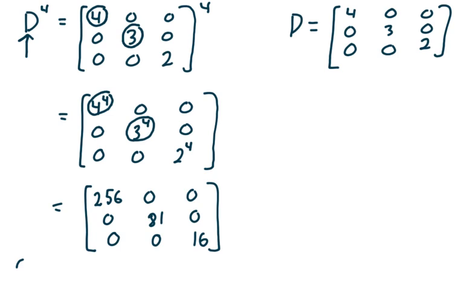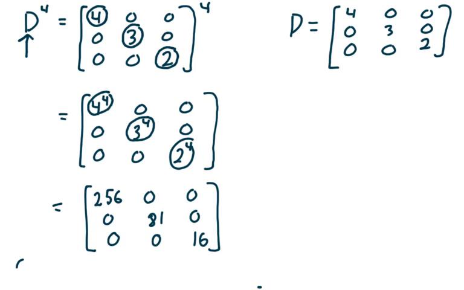So we're looking at the entries along the main diagonal of D to the 4th. Because remember, if D is a diagonal matrix, D to the 4th will turn out to be a diagonal matrix as well. And then I'm going to take 2 and raise it to the 4th to get 2 to the 4th. And then every entry off the main diagonal will just be 0.